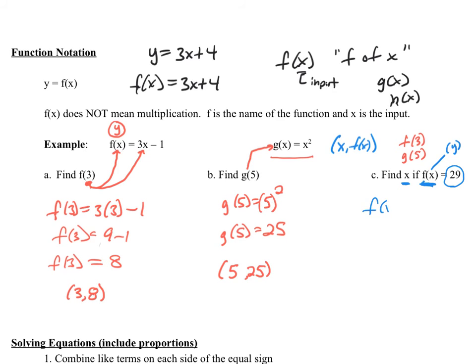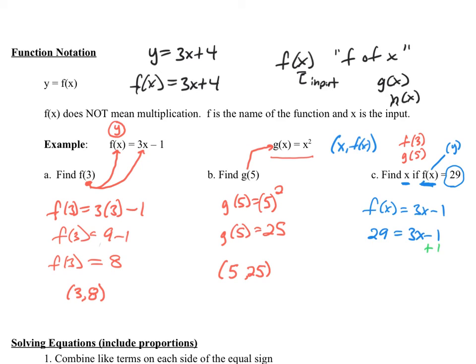So here's my equation, the f equation. The output is 29, so that goes here. And I want to find the input that would give me that output. So I would simply solve this equation for x. And hopefully you remember how to do this. We want to get x all by itself, so I need to get rid of subtracting 1.